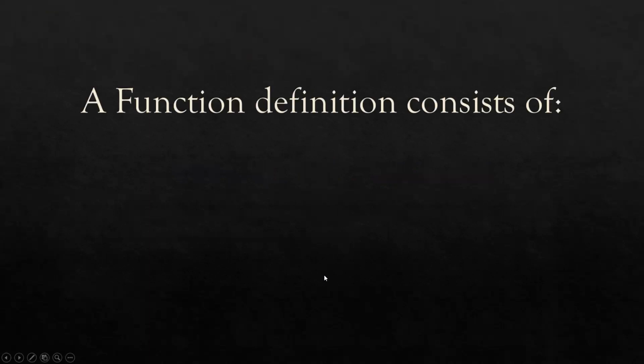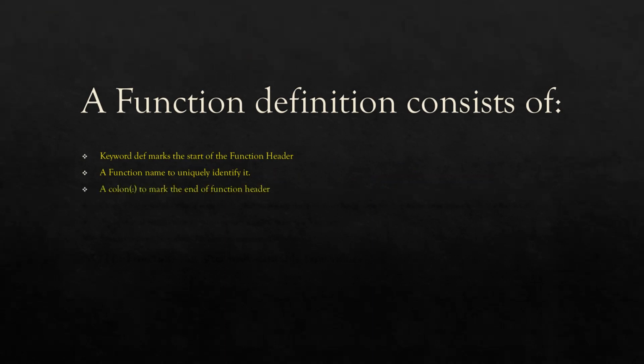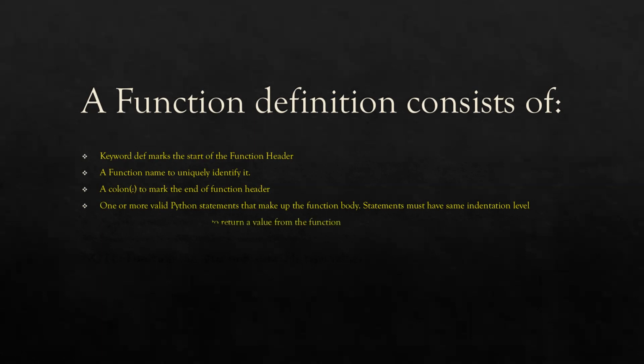A function definition consists of keyword def marks the start of the function header, a function name to uniquely identify it, a colon to mark the end of the function header, one or more valid Python statements that make up the function body. Statements must have the same indentation level, an optional return statement to return a value from the function.